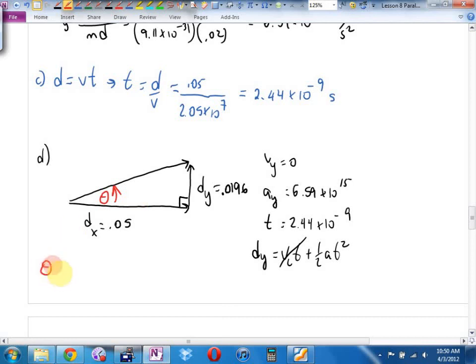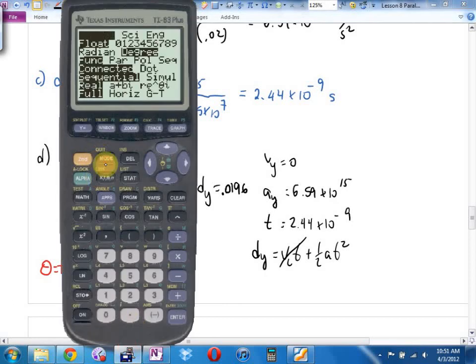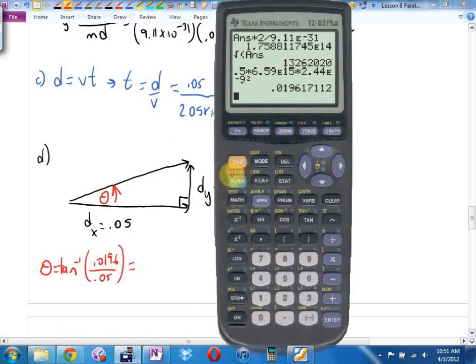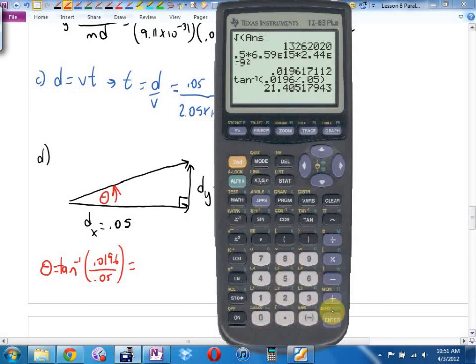I think theta is going to be the inverse tan of 0.0196 over 0.05. Mode: degrees. Inverse tan of 0.0196 over 0.05. The deflection angle is 21 degrees.